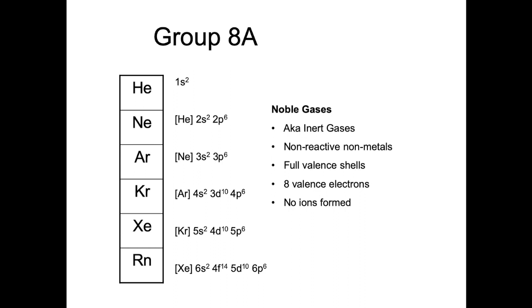They all have full valence shells, meaning that their orbitals all contain the maximum number of electrons. With the exception of helium, that means they each have 8 valence electrons, and they do not form ions, again, because all of their orbitals are naturally full.